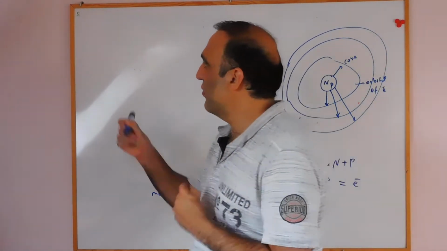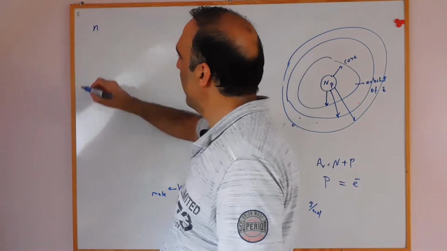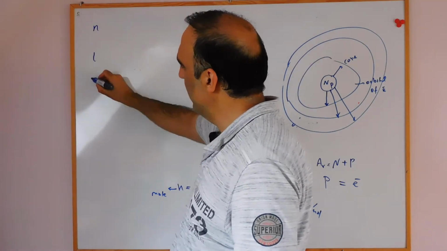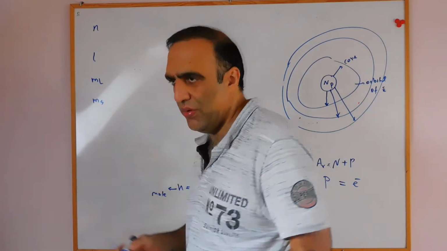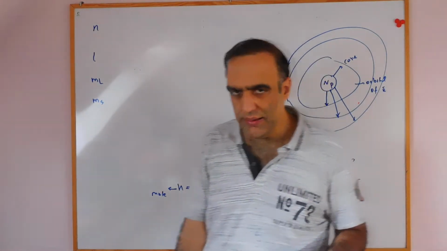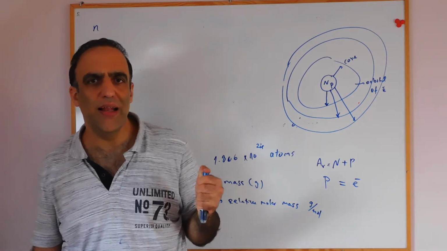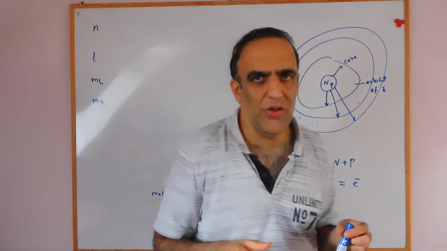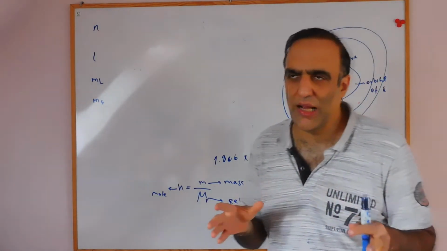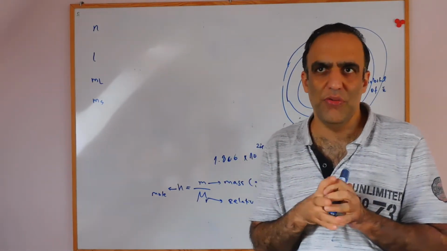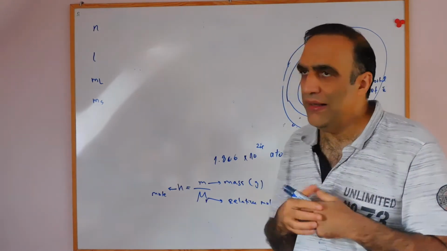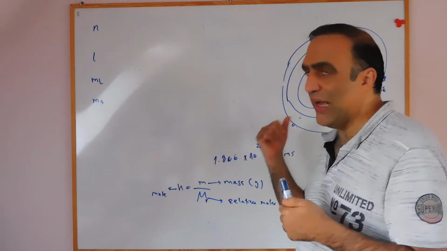The first one is N, the second one is L, the third one is ML, and the fourth one is MS. From these quantum numbers we can find the position and the place of the electron and the properties of the electrons surrounding the atom.